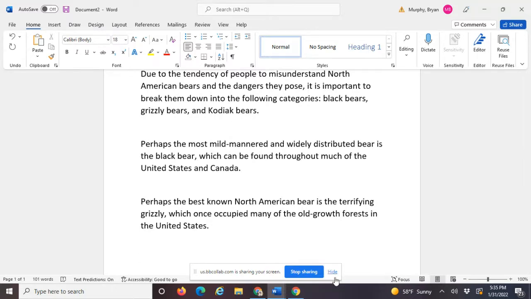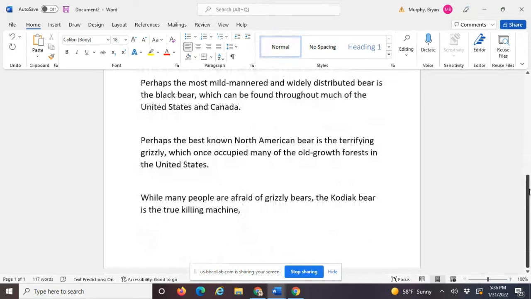Okay, so let's do the final topic sentence: Kodiak bears. While many people are afraid of grizzly bears, the Kodiak bear is the true killing machine and is the most dangerous of the North American bears.